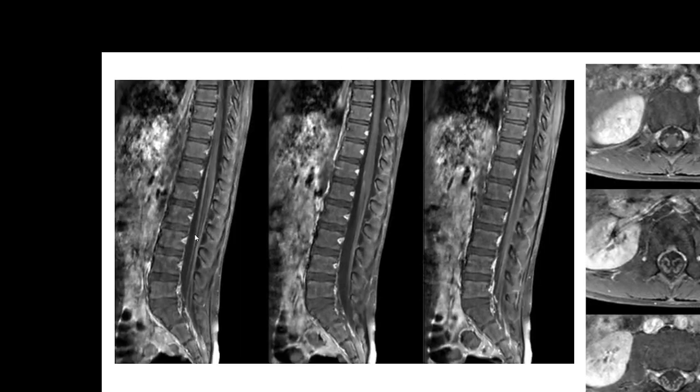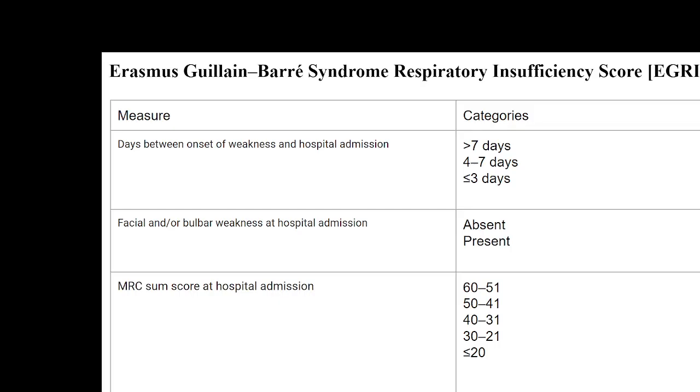At this area there could be thickening, seen in the MRI scan, and the dye concentration would be more, as you see in these images, or in the transverse image of the spinal cord, where the dye concentration and thickening can be better made out. So the MRI scan is somewhat sensitive, though again not very accurate, the sensitivity is lesser, but when you see these findings, Guillain-Barré syndrome can be diagnosed better.